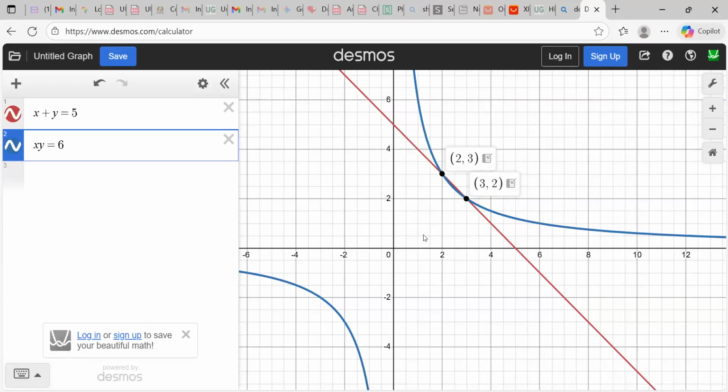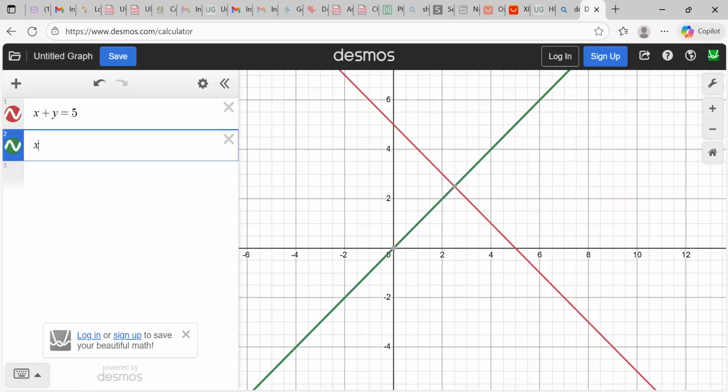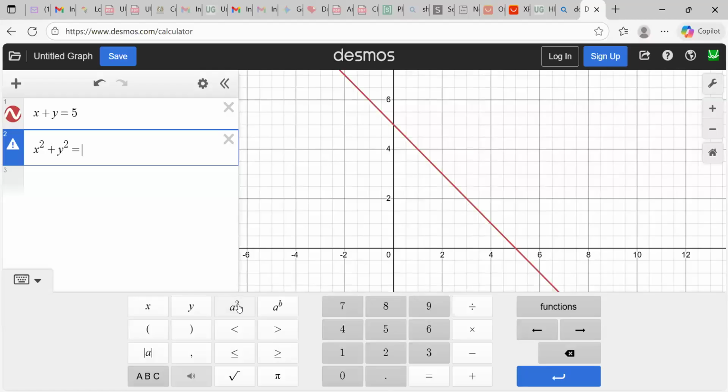I'll show you the other one in just a moment. So we had x plus y equal 5, that was the line. And then down here, we had x square plus y square equal what was it? 25, right?